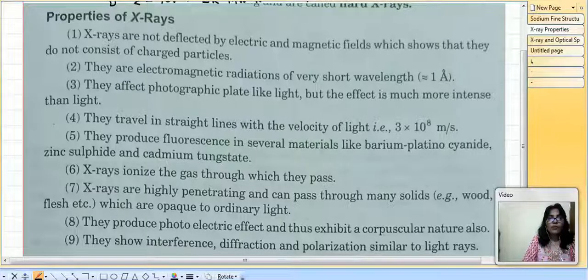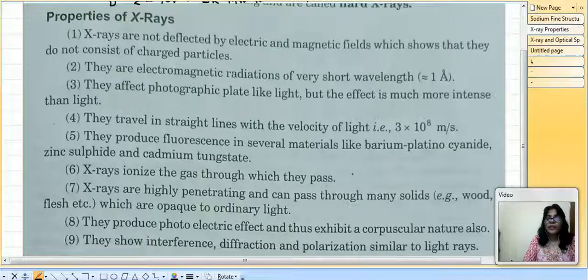They affect a photographic plate like light, but the effect is much more intense than light. They travel in straight lines with the velocity of light, which is 3 into 10 to the power 8 meter per second. They produce fluorescence in several materials like barium platinum cyanide, zinc sulfide, and cadmium tungstate. X-rays ionize the gas through which they pass, because they have high energy.